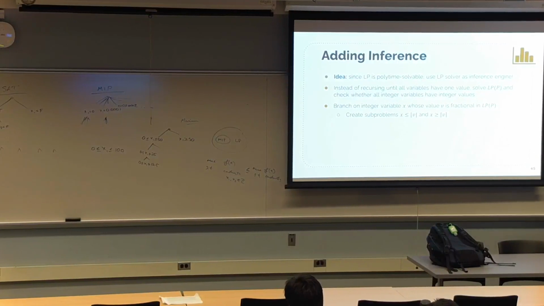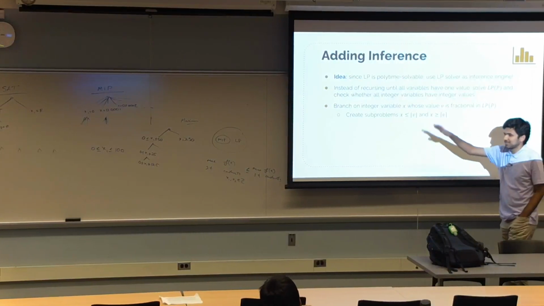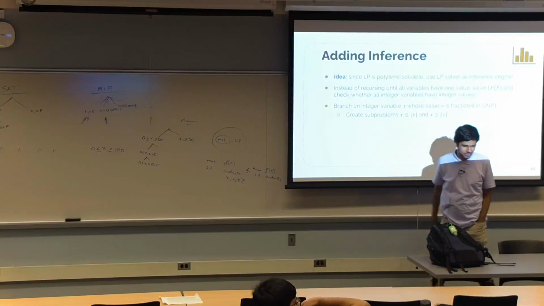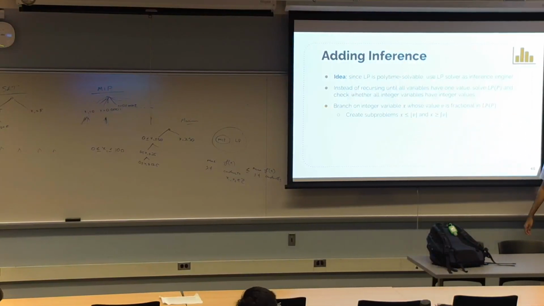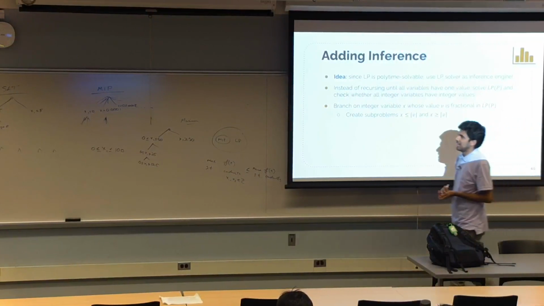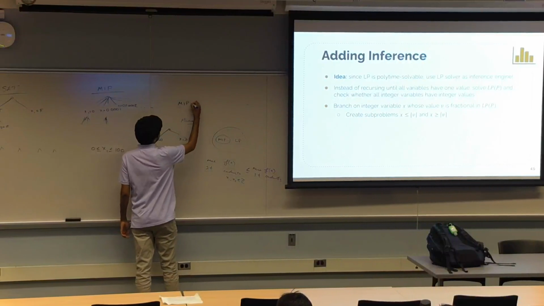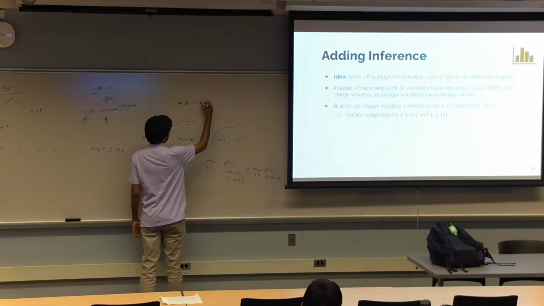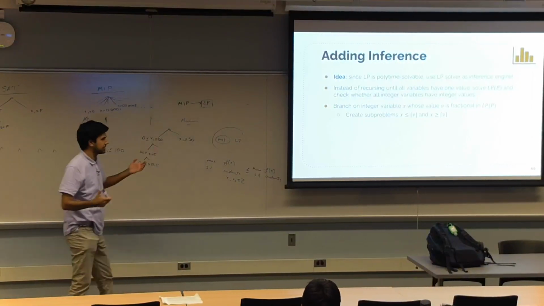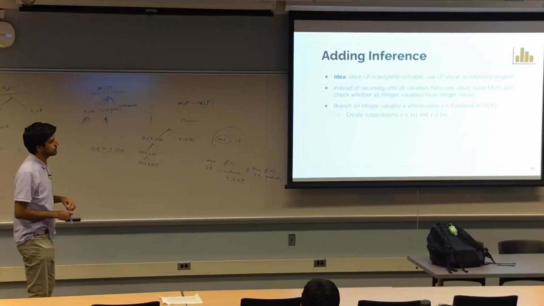So the way we'll fix searching the entire tree, or at least expedite the process, is take our mixed integer program and put it through a linear program solver, which exists and runs in polynomial time.